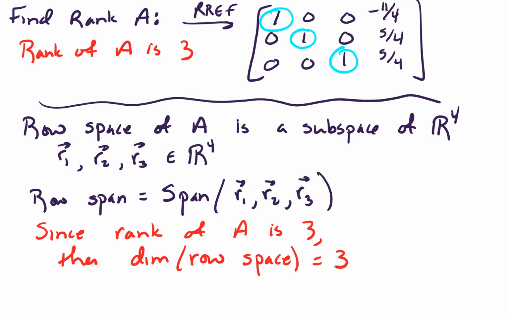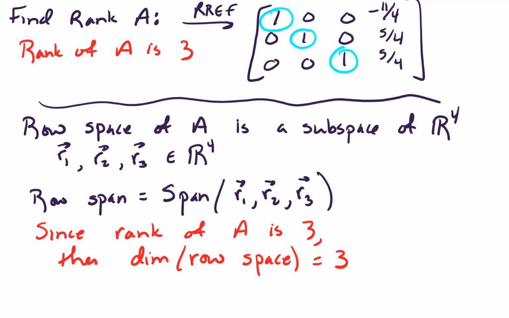So the rank of the matrix gives us the dimension of the row space. Well, we've got 3 vectors and a space of dimension 3. It must be the case that all 3 of these vectors form a basis, right? We need 3 vectors to form a basis for a 3D space. So we could go right ahead and grab those vectors as is.